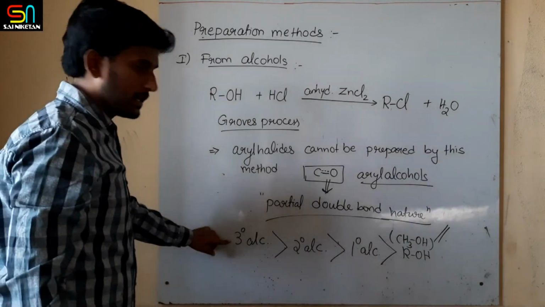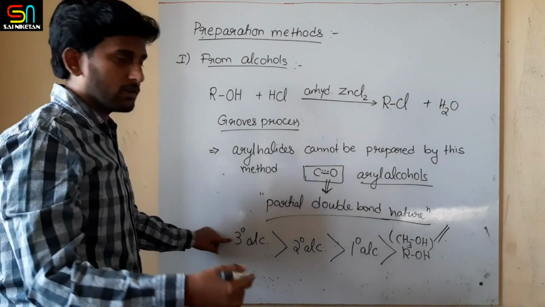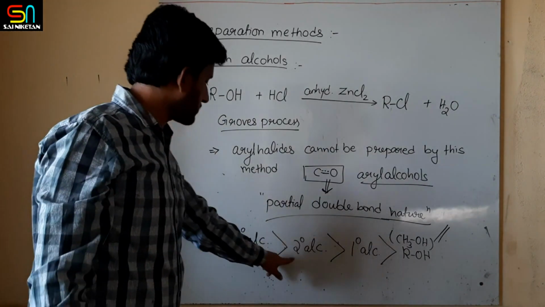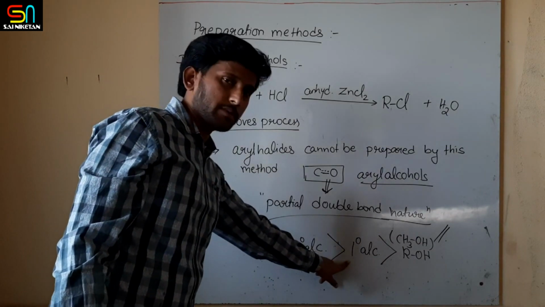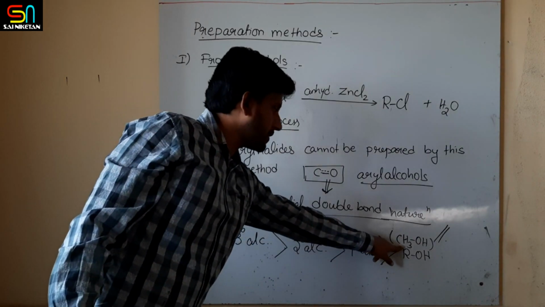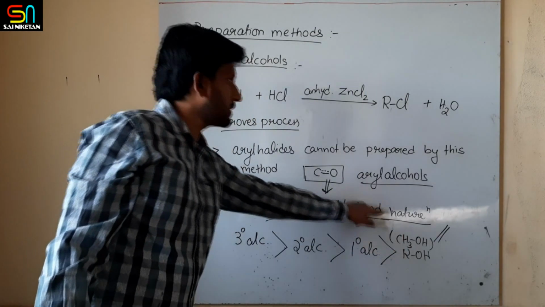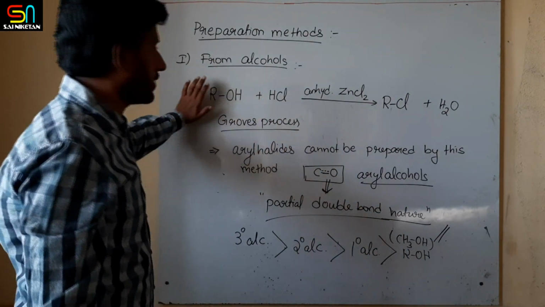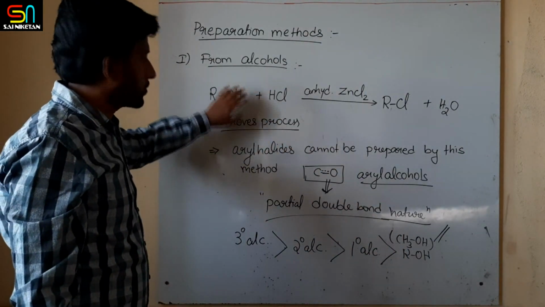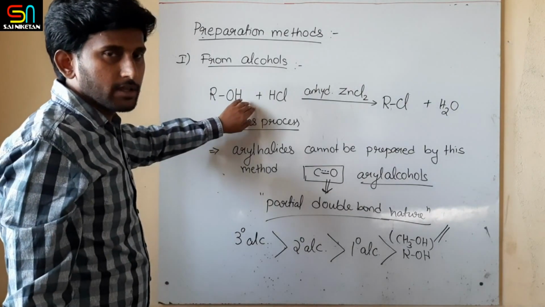So tertiary alcohols readily react, or give more product, compared to secondary alcohols, then primary alcohols, then methanol. This is the reactivity order in the Groove's process.